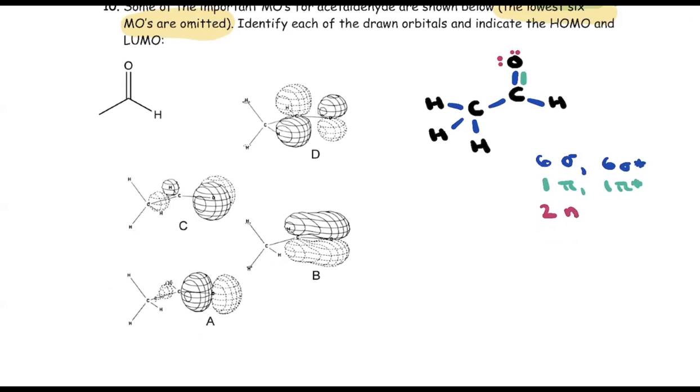The only things you can be certain about are the sigma ones, right? Because pi star and non-bonding can be sprinkled in there and get confusing. So you know that your lowest ones will be your 6 sigmas. And your highest ones will be your 6 sigma stars.